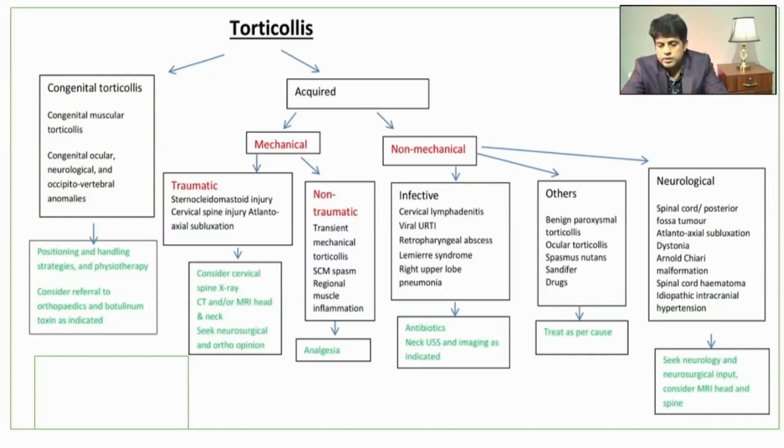And other conditions include benign paroxysmal torticollis, for which the treatment is reassurance, and Sandifer syndrome, for which the treatment is reflux medication, and ocular torticollis, for which the treatment includes correction of the refractive error plus or minus ocular surgery. So their treatment depends on the underlying cause.